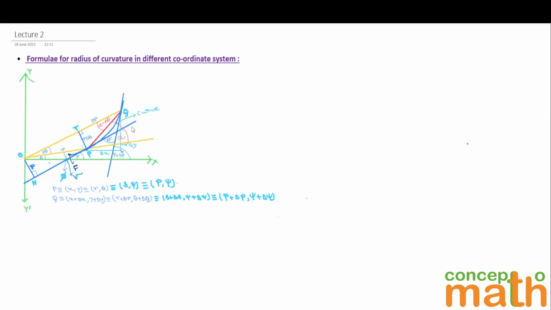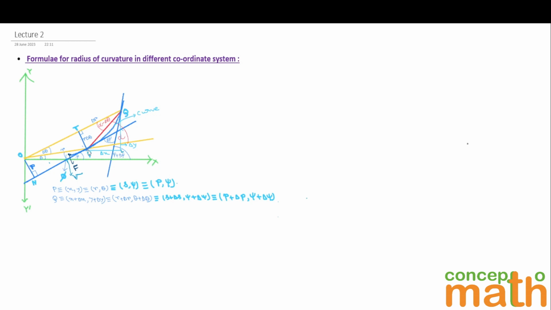Now, to proceed further, we will consider a point Q on the curve which is very close to P, and accordingly its coordinate parameters will vary a little bit from those of P, which is expressed here.